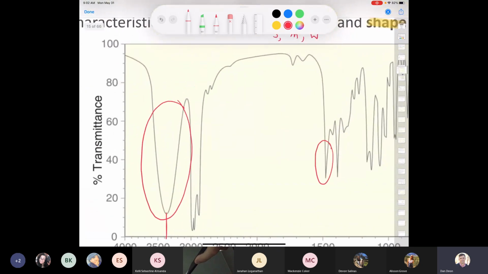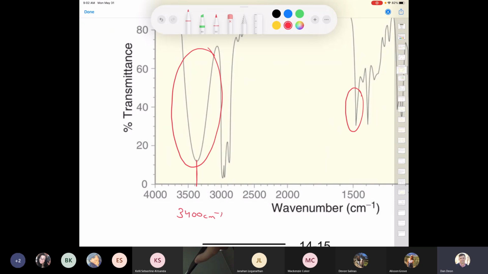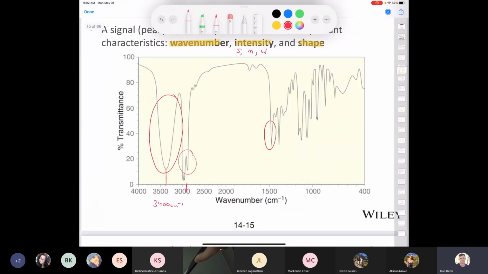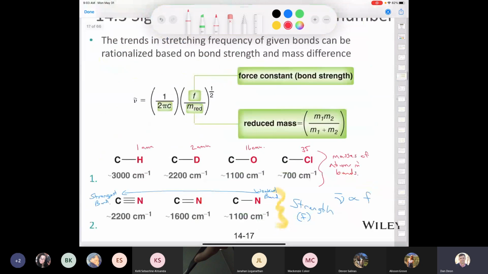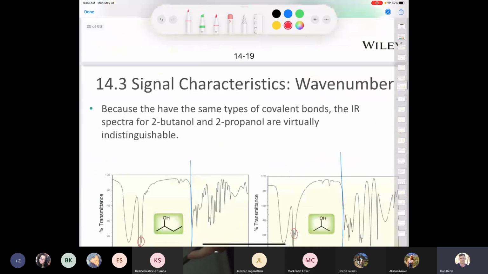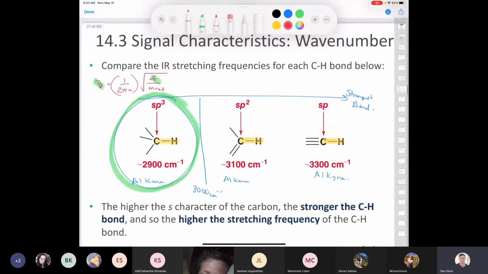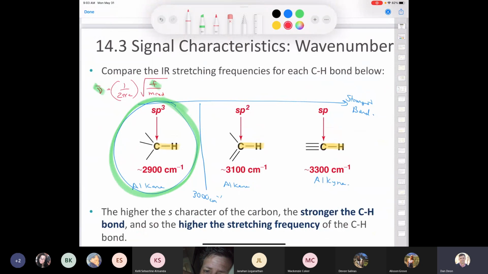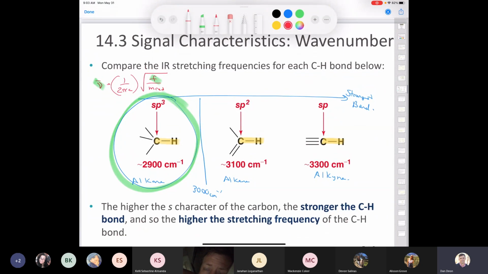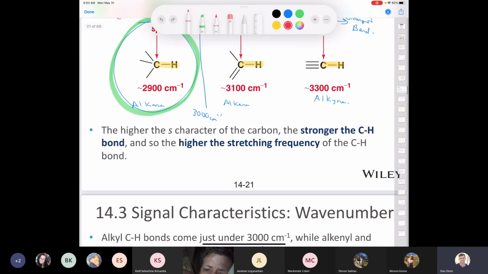Look, same thing here. This is 2,900. Look, peaks. They're not in every spectrum, right? If you just ran a purely aromatic compound, it wouldn't have them. But you see those signals in almost everything, okay? Whereas sp2 hybridized carbon-hydrogen bonds and sp hybridized carbon-hydrogen bonds are a little less common in organic chemistry, okay?